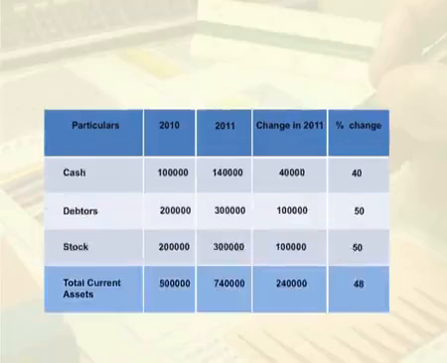Then the current assets, on the other hand, have significantly increased by 48%, which can be attributed to an increase in all the assets, that is cash, debtors and stock. This signifies an increase in business activities and sales turnover.